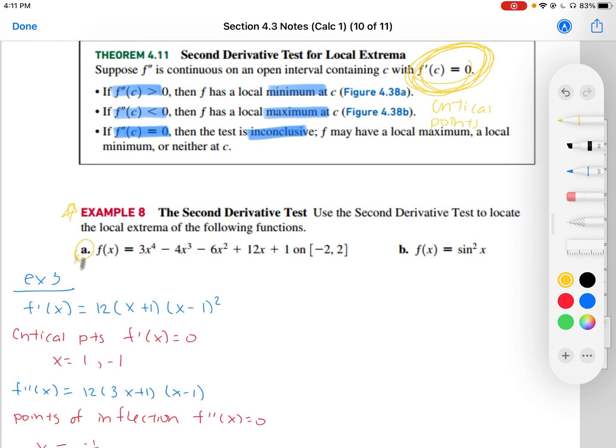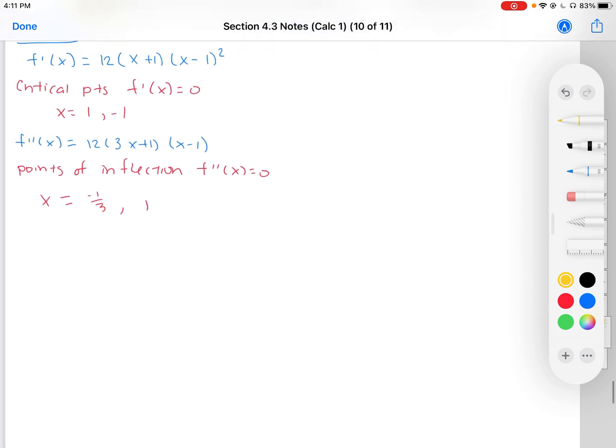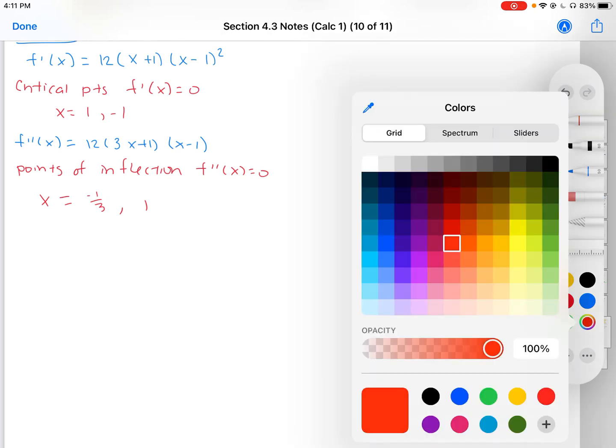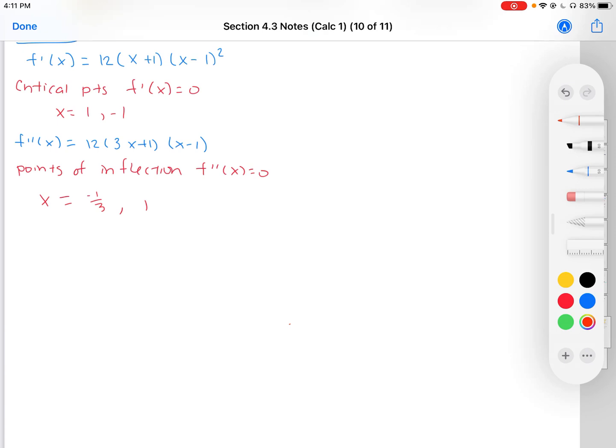I'm moving very slowly because it's a lot to take in, and they all depend on one another. So we're going to test the critical points, which is when our derivative is equal to 0, into our second derivative.